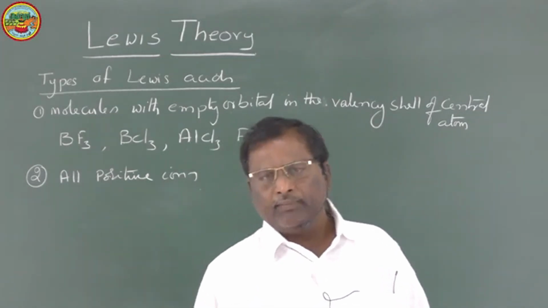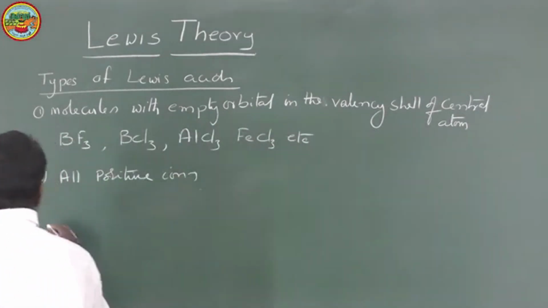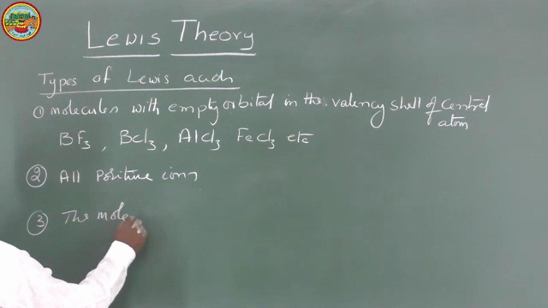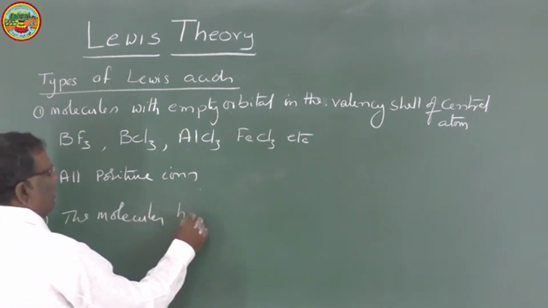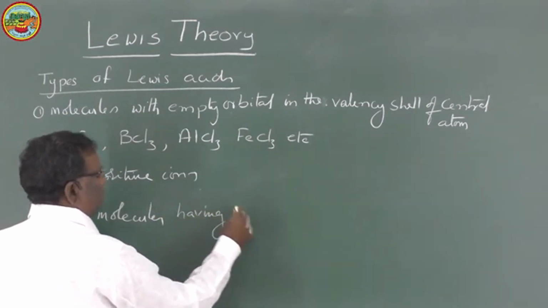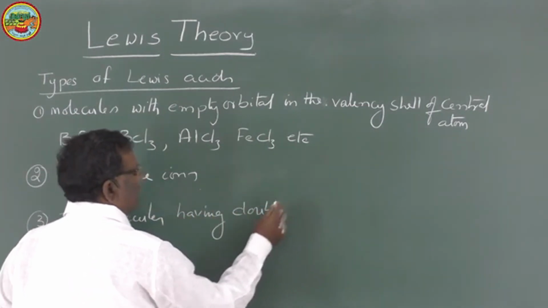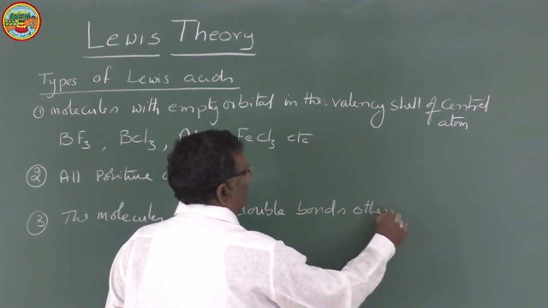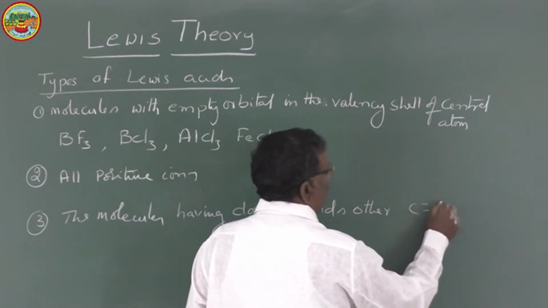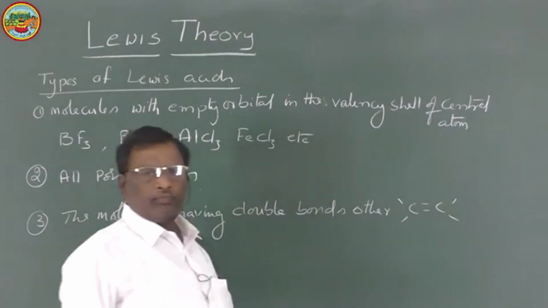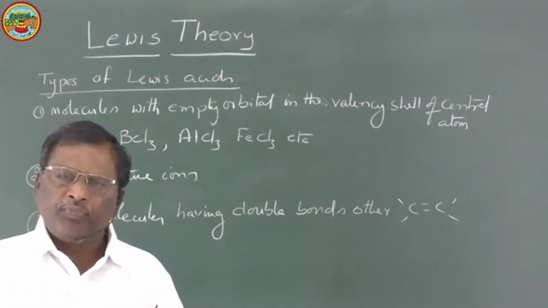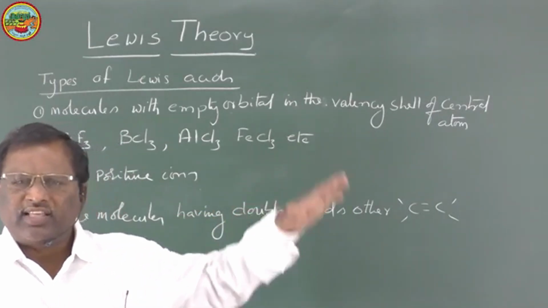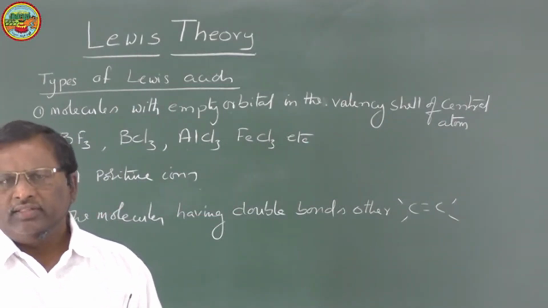And the third category is the molecules having double bonds other than C double bond C. The molecules which are having double bonds other than C double bond C are considered as Lewis acids. These are the three categories of Lewis acids.